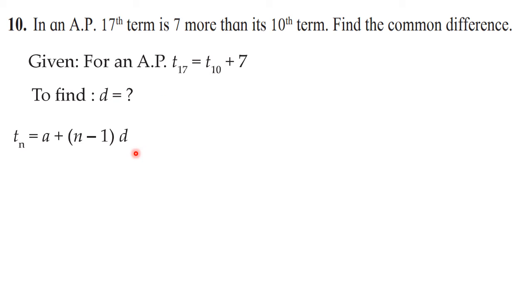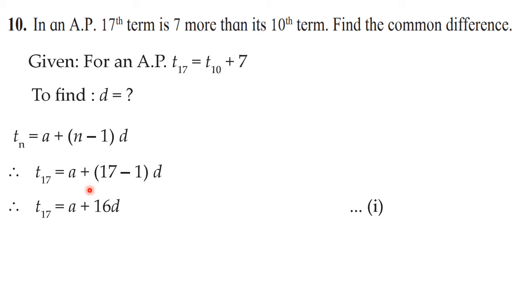Now from this you can write down the value of T17. You can write T17 is equal to A plus (17 minus 1) D. Because we don't know A, we don't know D. Only we know the value of n. So replace n by 17 there.